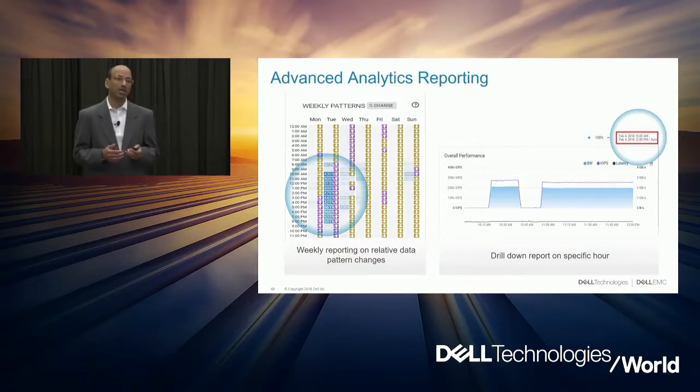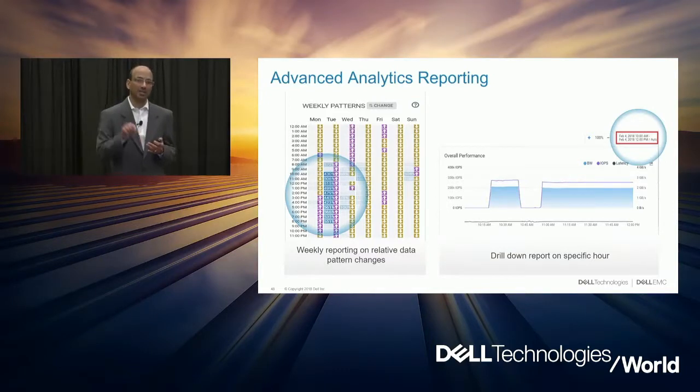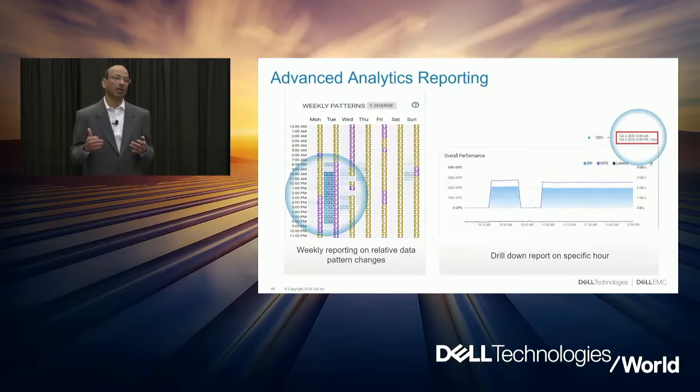If you see an increased percentage, say for example in this case we are seeing 500% increased IOPS and throughput in comparison with what you did on every Monday for the past 8 weeks. Now you can drill down and see the IOPS and latency for that specific time and help you figure out what's going on, whether it was a one-time system update or something special is happening, etc.